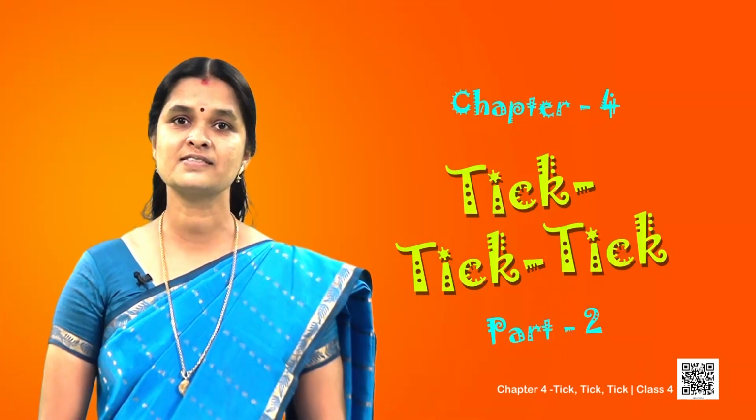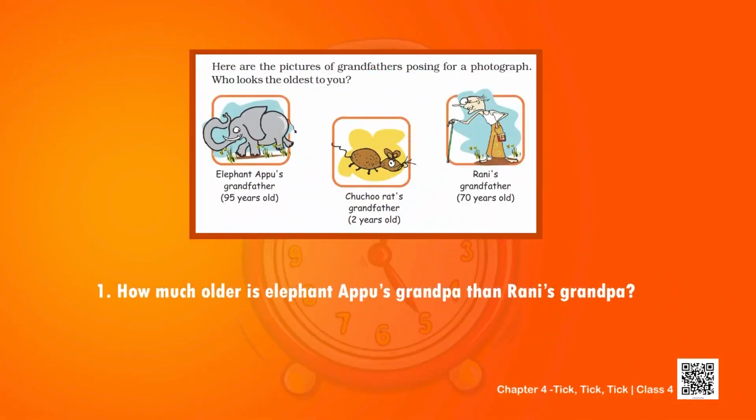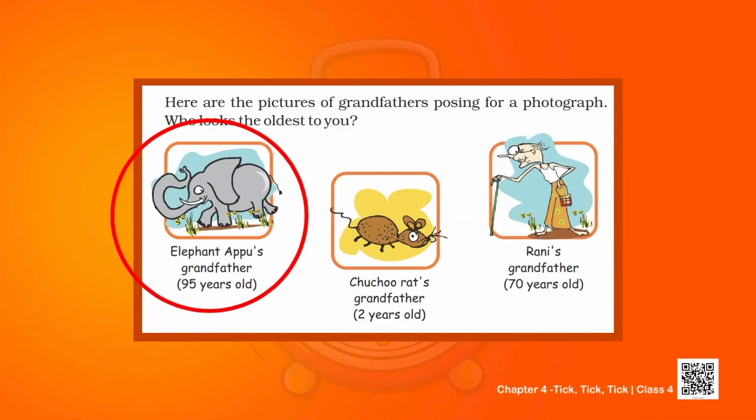Now, let us try to find the answers for some questions based on this. How much older is Elephant Appu's grandpa than Rani's grandpa? To find the answer, we need to find the difference between 95, yes, that is Appu's grandpa's age, and 70, that is Rani's grandpa's age.